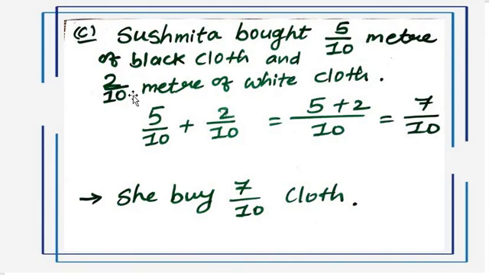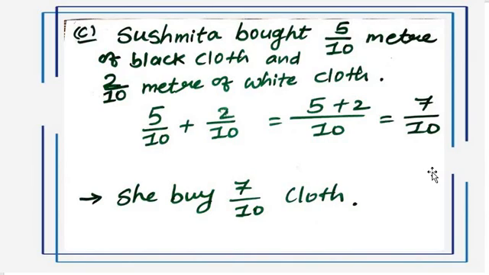5 upon 10 meter is black cloth, and 2 upon 10 meter is white cloth. 5 upon 10 plus 2 upon 10. Here we only do simple addition. 5 plus 2 is equal to 7, and 7 upon 10 is our answer.